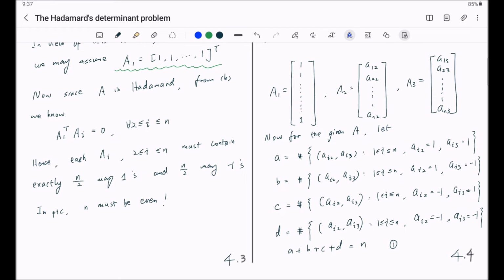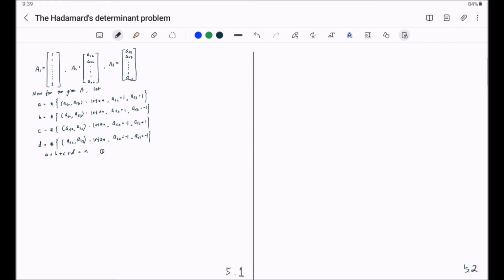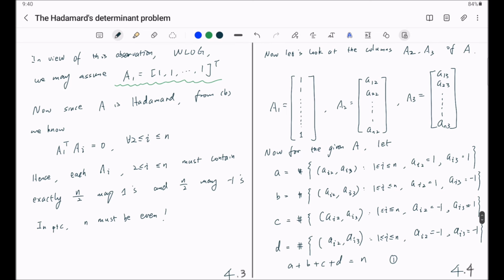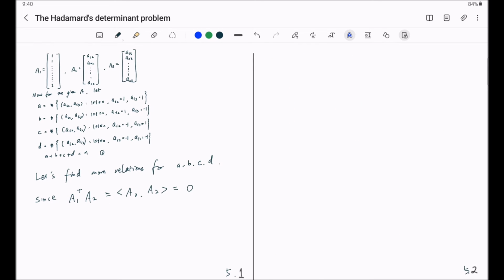Our next goal is to find more relations between A, B, C, and D. Since A1^T A2, which is the inner product between vectors A1 and A2, is equal to 0, here we are using this orthogonality condition.